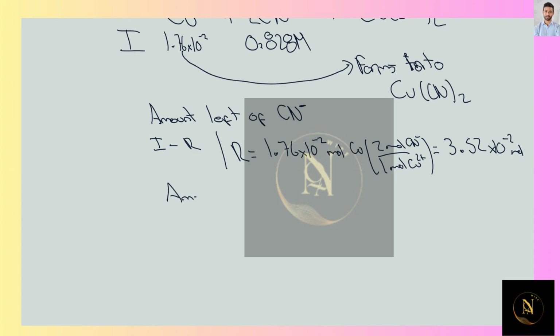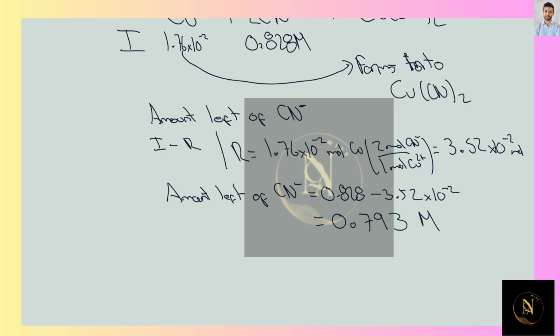So the amount left of cyanide minus is our initial 0.828 minus this small amount, which gives 0.793 molar of cyanide minus.